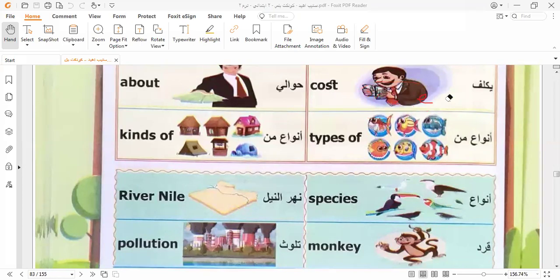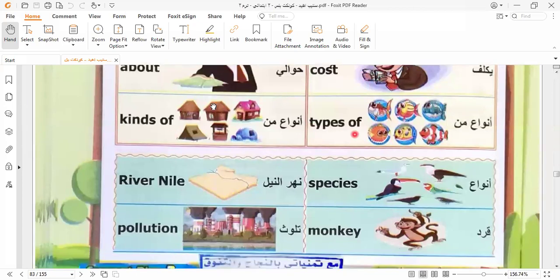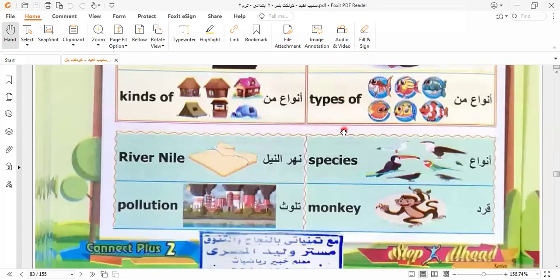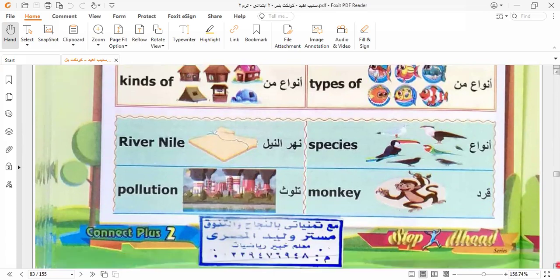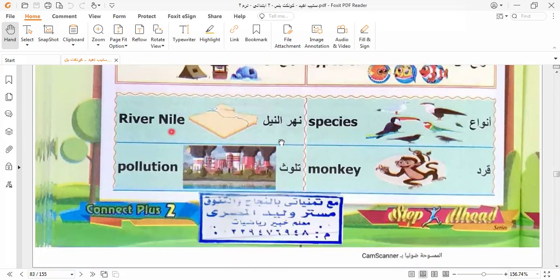Let's continue our lesson. We have kinds of and types of. They have the same meaning, with only a small difference between them. We have river Nile, spices, pollution, monkey.